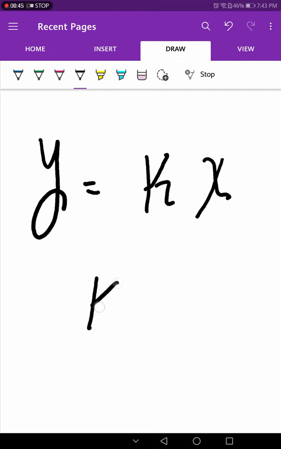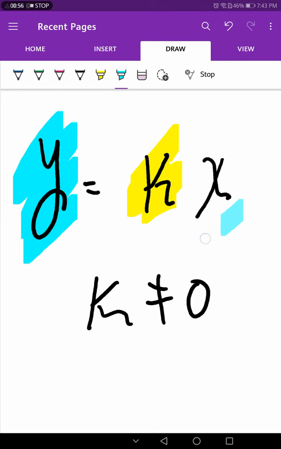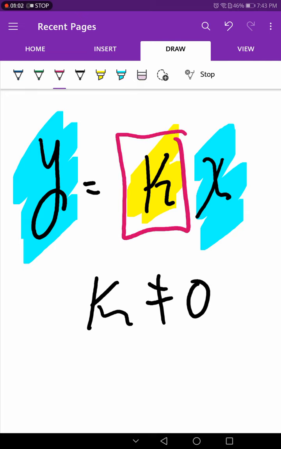The k cannot be equal to 0. So the k is constant, my dear student. It is a number. So you have two variables here, which are y and x, and you have the k as a number. Our mission today is to find the k sometimes, and to write the direct variation equation.